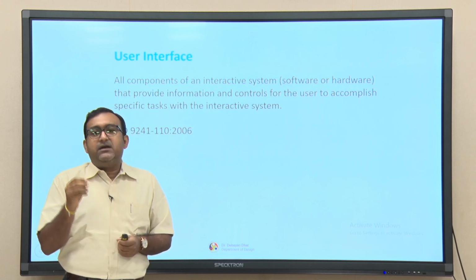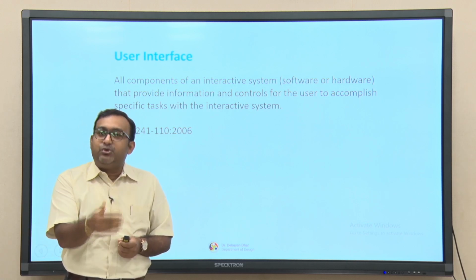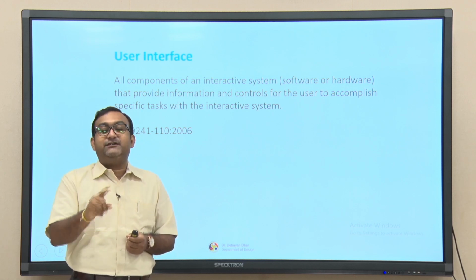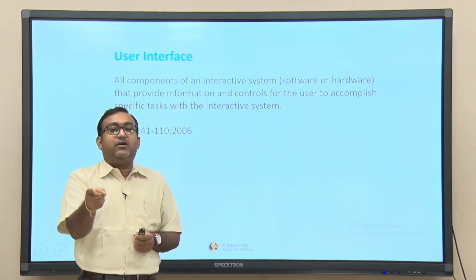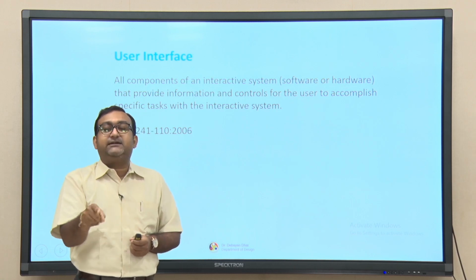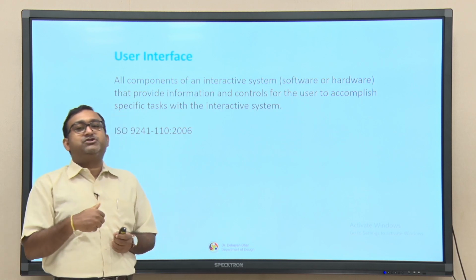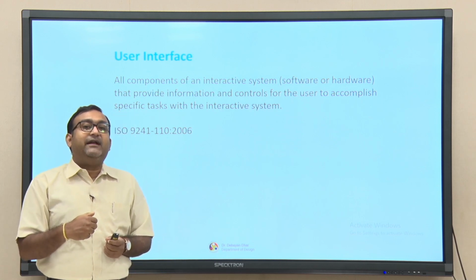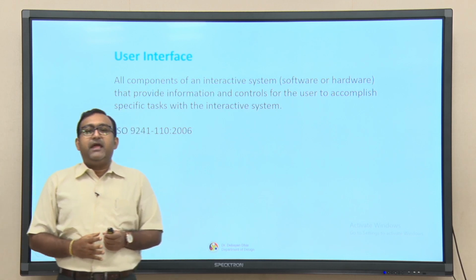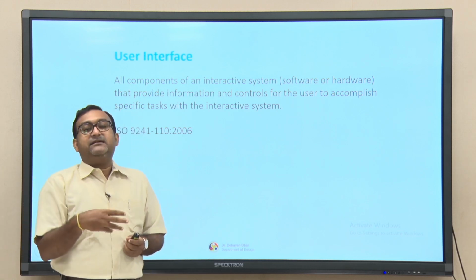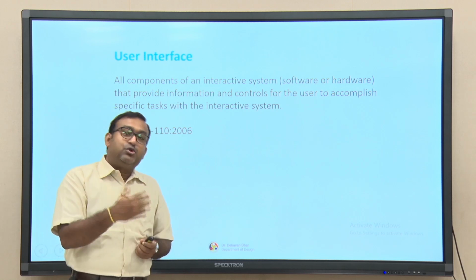That means the user gives the command through the interface to the software and hardware, and the software or the hardware executes that command, processes information and responds by providing some result, and that result is again provided to the user through the interface.